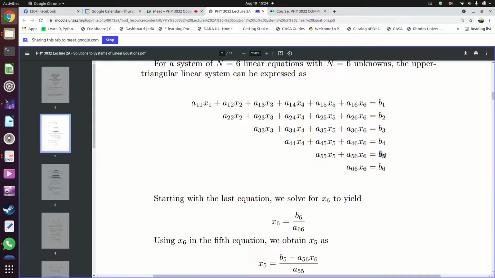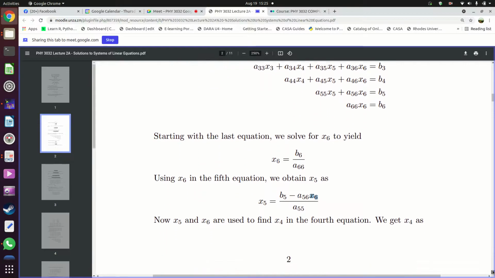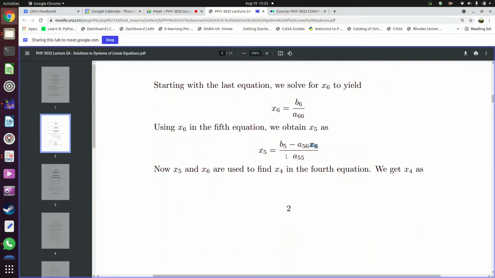So you're going to have b5 minus a56 x6, then the whole thing divided by a55. So you're going to end up having x5 being equal to b5 minus a56 x6 divided by a55. That's how you're going to get your x5. So you have your x6, then you have your x5.